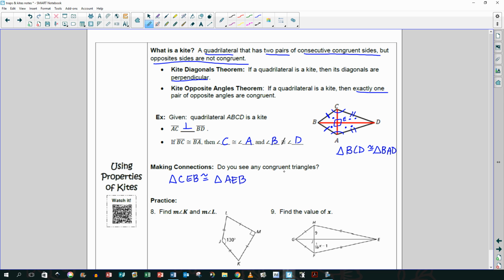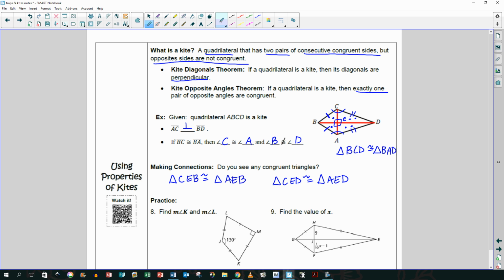So CED, triangle CED is congruent to AED. So basically what happens when you draw the diagonals, you get the kite will be divided into two congruent triangles. Then when you draw the other diagonal, you get four right triangles. Two are congruent to two, and then the other two are congruent.